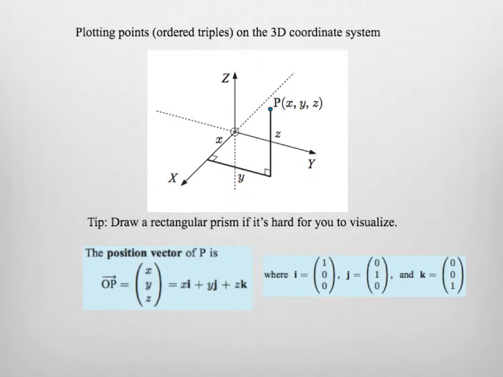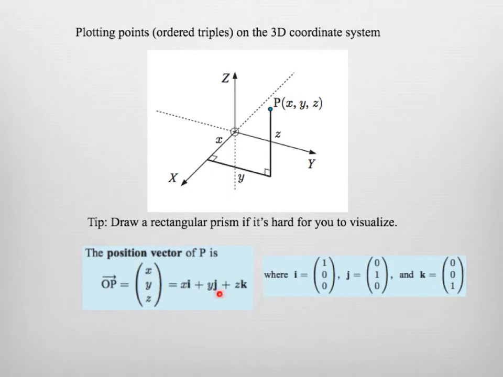Remember, our tip minus our tail values, which is our origin, which is 0, 0, 0. So it just turns out to be OP is x i hat plus y j hat plus z k hat.